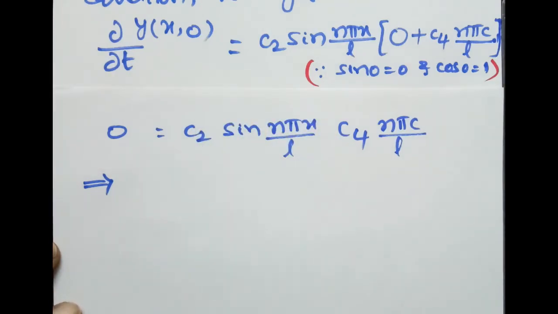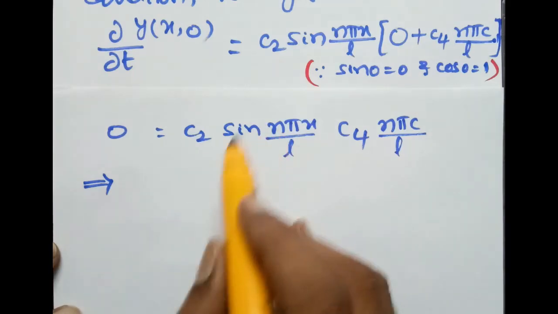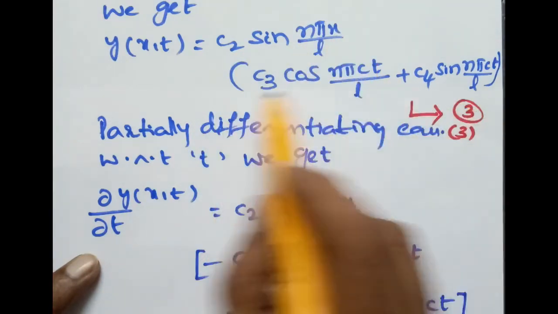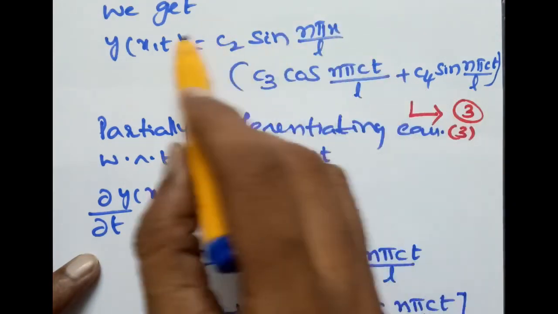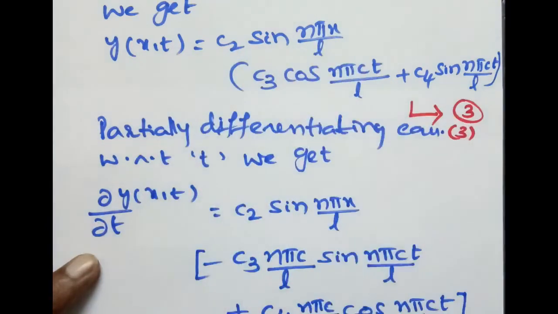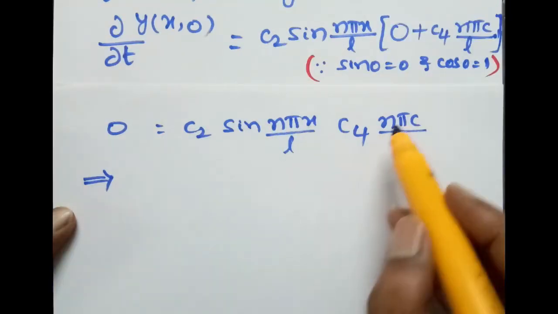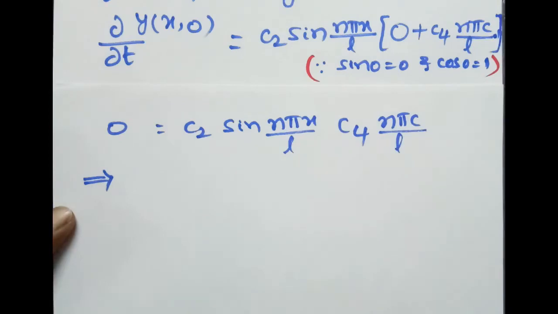Again we will get a trivial solution. In equation number 3, c2 sin n pi x by L, if it is 0, again we will get a trivial solution. A trivial solution is not at all our required solution. So sin n pi x by L is not equal to 0. n pi c by L is also not equal to 0 since all are constants. Therefore, c4 is equal to 0.